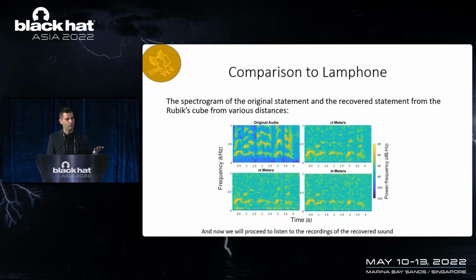But again, I would like to show you that the signals recovered using the Little Seal Bug attack are perceptible, and you can hear and understand what is being said. So you will hear the original sentence and then the recoveries from 15, 25, and 35 meters, when the distance between the object and the speakers was about 25 centimeters.